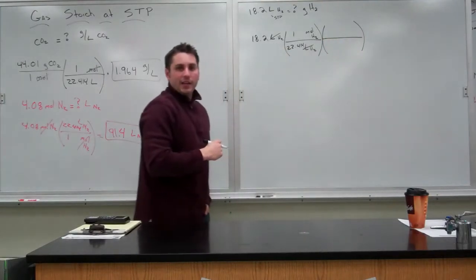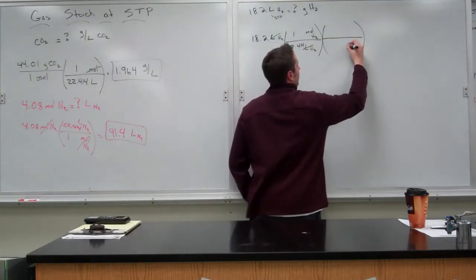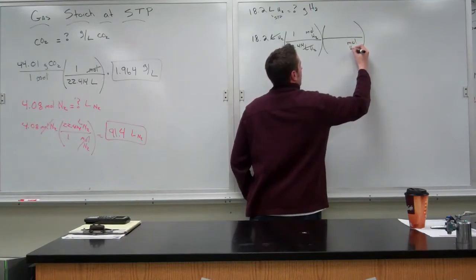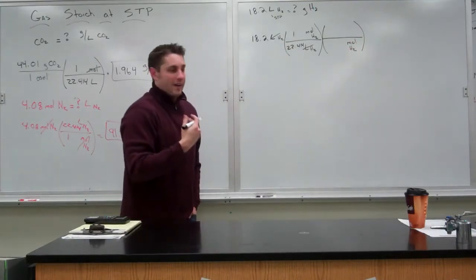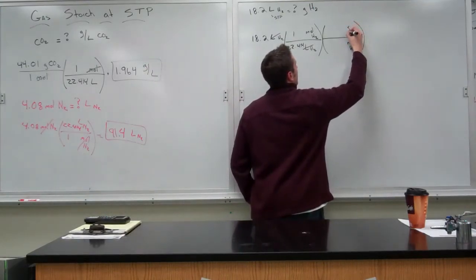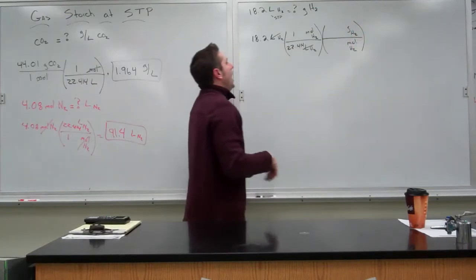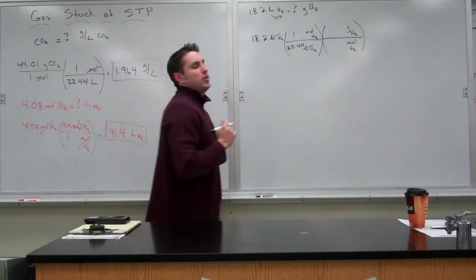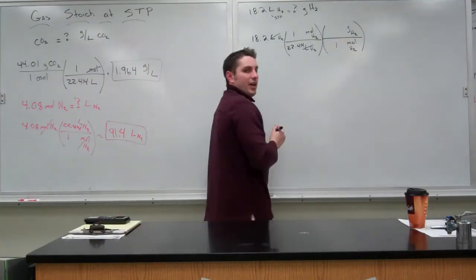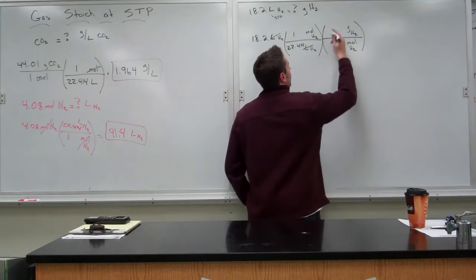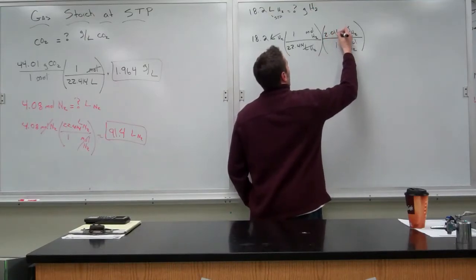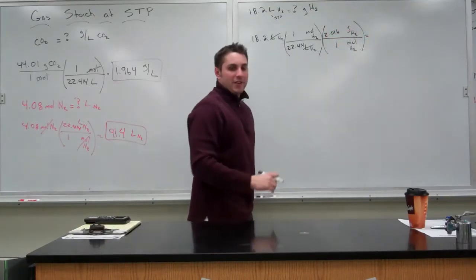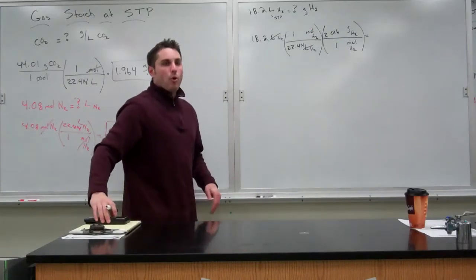Then you try again. Cancel what is there. Moles on the bottom. Try to find what we know on top. Grams of H2. I look. Do I know a relationship between grams and moles? Sure we do. We use it all the time. We get it from the periodic table. The molar mass, 1 mole, says that 2.016 grams of hydrogen will take up 1 mole.